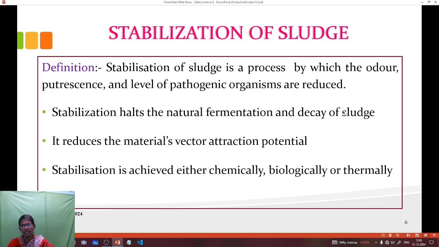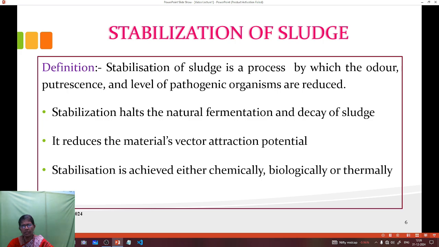What is stabilization of sludge? Since sludge contains pathogenic organisms and its nature is putrescence, that is, it may be easily decomposed and creates bad odor, these characteristics should be reduced.